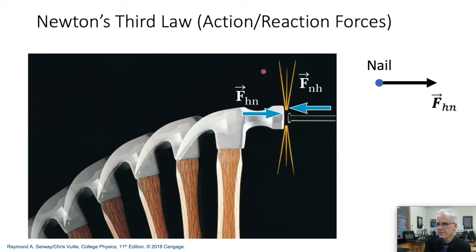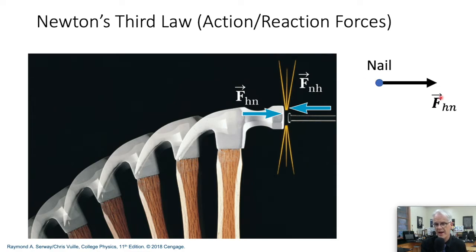Now imagine driving a nail into a block of wood. To accelerate the nail and drive it into the block, the hammer must exert a force on the nail. And here's the free body diagram of the nail. What Isaac Newton figured out was that a single isolated force couldn't exist, but that forces in nature always exist in pairs.